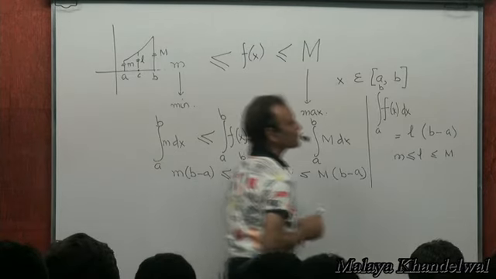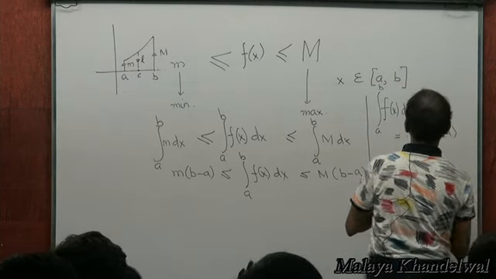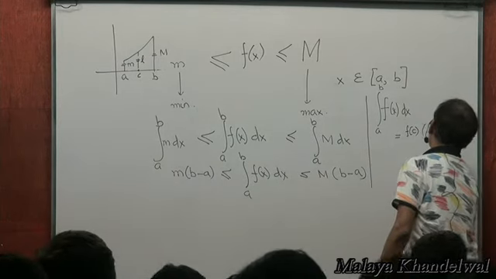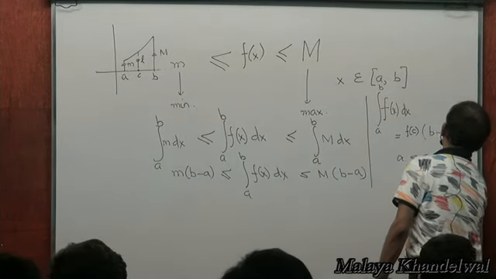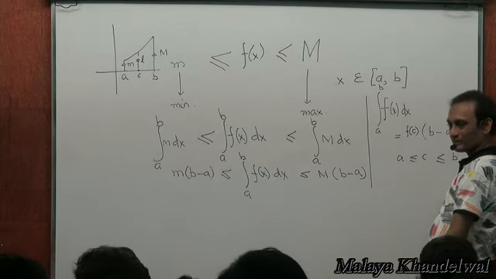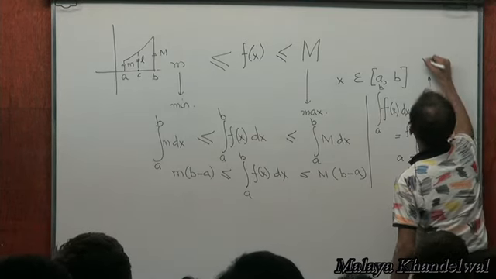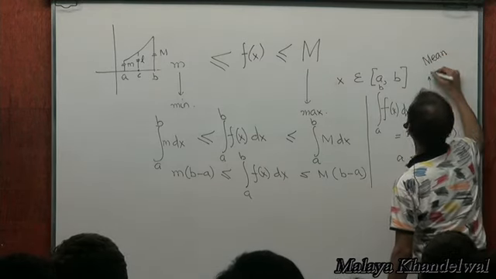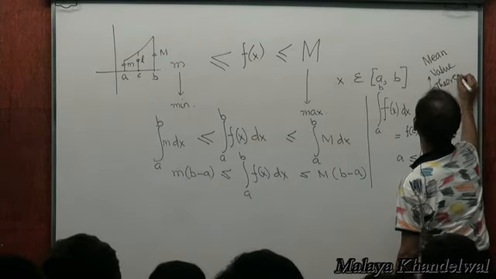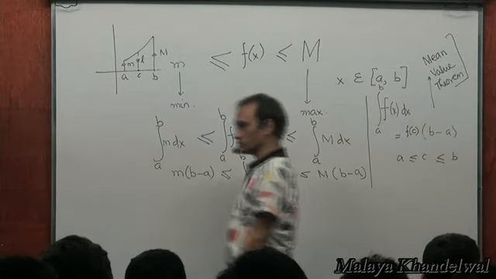That means I could have said that this will be some f(c) into (b minus a), where c is some number between a and b. This is the mean value theorem in integral calculus. This is the mean value theorem for integral calculus.